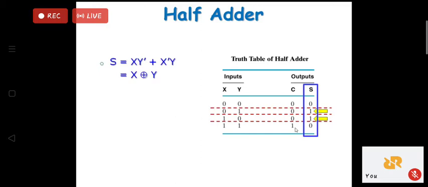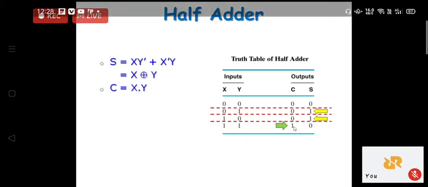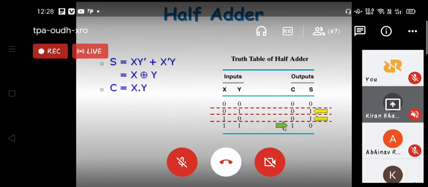I have told you about sum of products. Sum of products is xy dash plus x dash y. You can either say it as xy bar plus x bar y. It is one and the same notation. X XOR Y is the half adder sum, and for carry, when both the inputs are high, that time carry is generated.